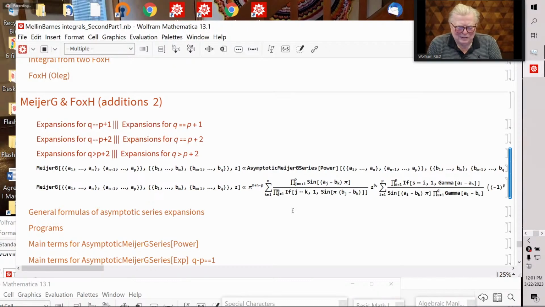But this needs the Lauricella function, which we still don't have in Mathematica. I hope we will have the Lauricella D function. Now we have only the F1 function as a first step in this direction. And I have many formulas in this area which are still not implemented in Mathematica.